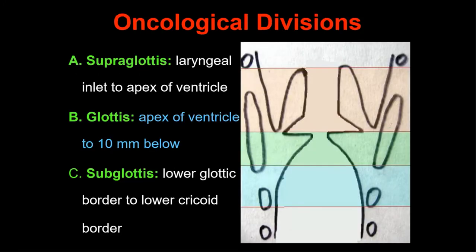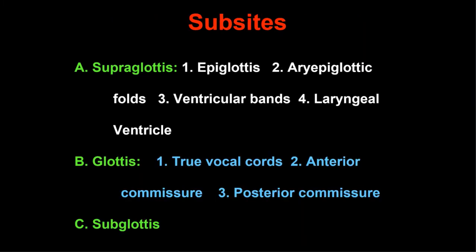Just now I told you the larynx is divided into three parts: supraglottis, glottis, and subglottis. That is for the oncological description, because the larynx has different lymphatic drainage above the vocal cords and below the vocal cords.